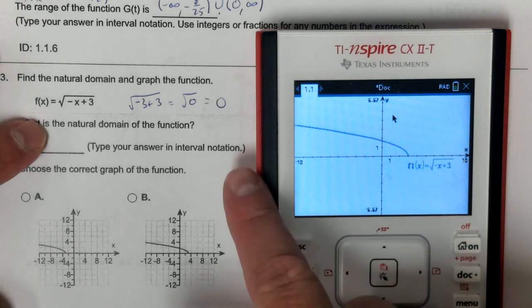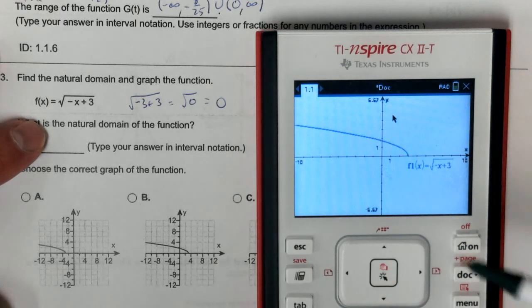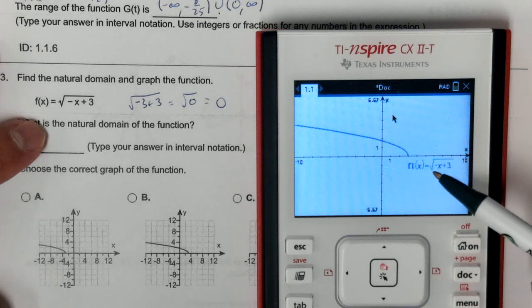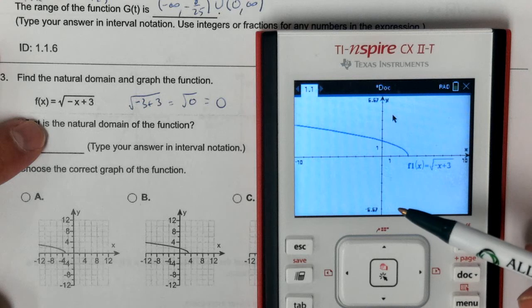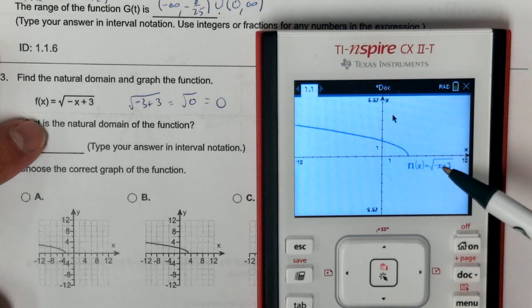Okay, so it's opening to the left. The reason is because that negative sign at that particular spot flips it across the y-axis. If it were outside, it would flip across the x-axis, but this is inside, so it flipped the y-axis.